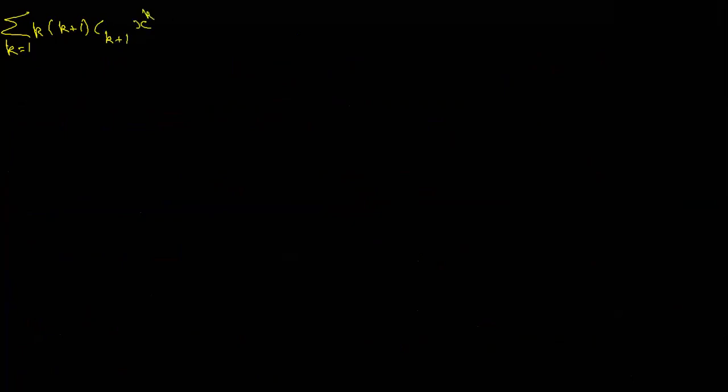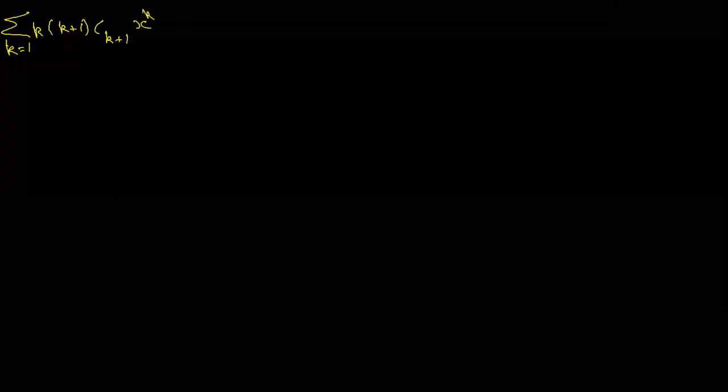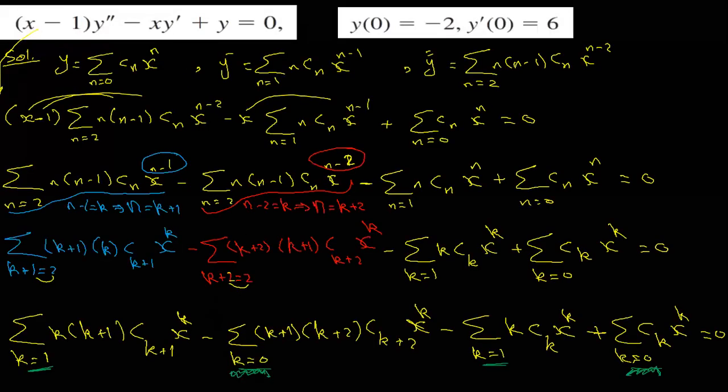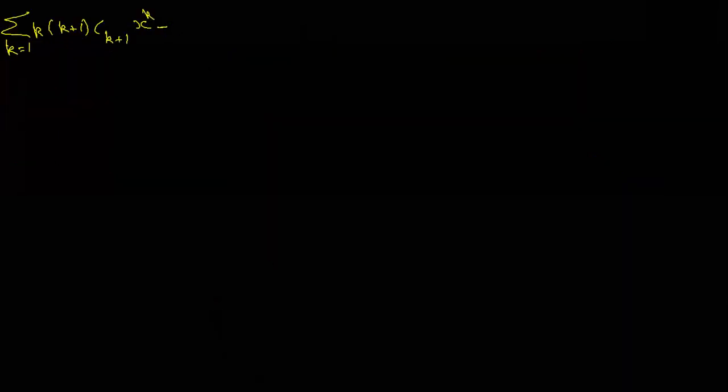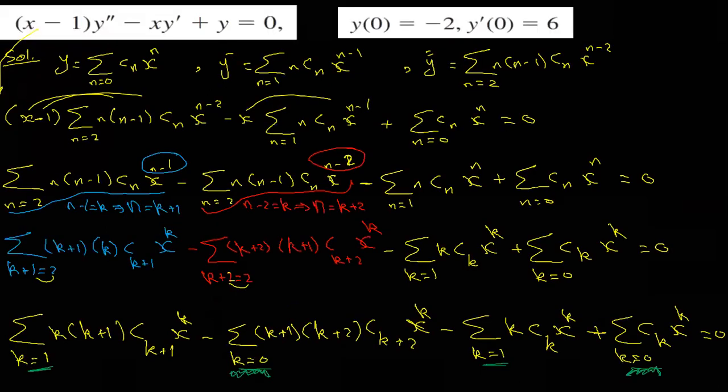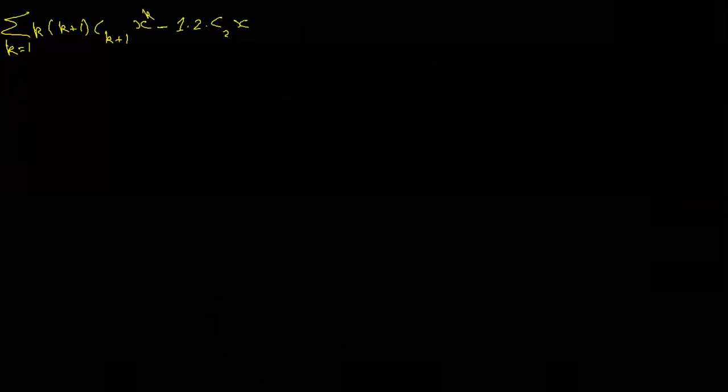Now let me expand the term here for 0. So it is 0 plus 1, 0 plus 2. So negative 0 plus 1, which is 1, times 0 plus 2, which is 2, times C0 plus 2, which is C2, x to the 0, minus the same summation, which is k plus 1, k plus 2, ck plus 2, x to the k, and your k now starts from 1.